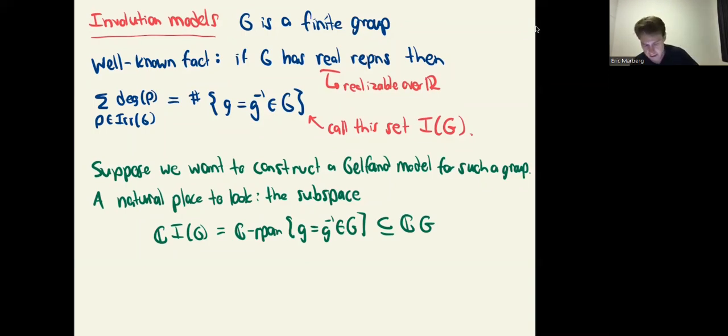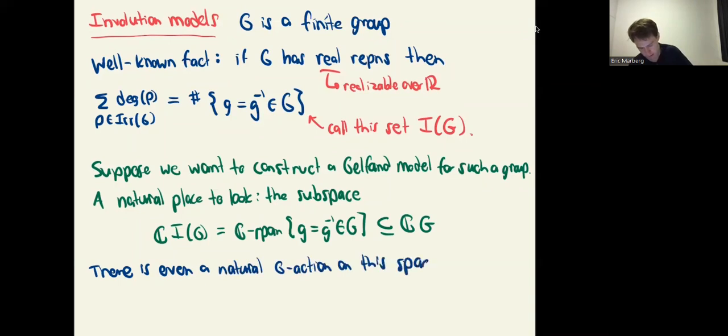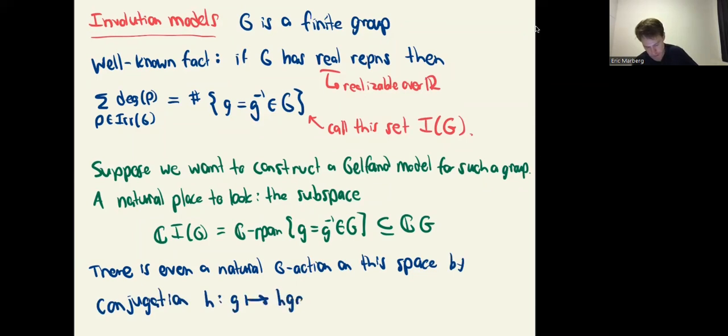There's even a natural G action on this space. By conjugation. So a given element h will just map g to h g h inverse.